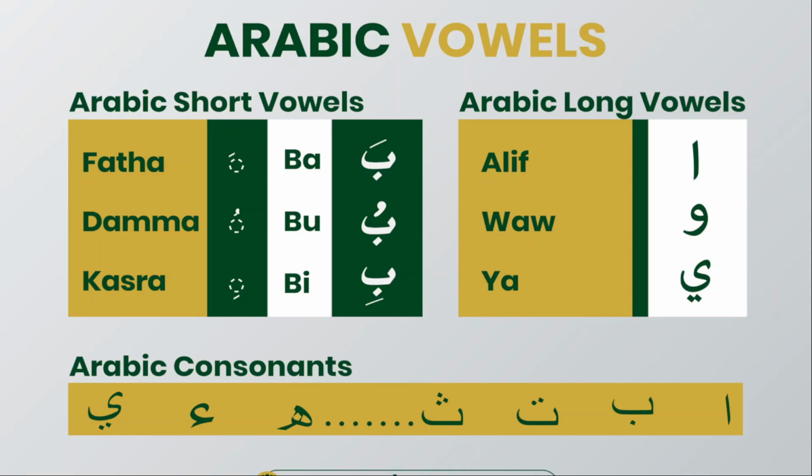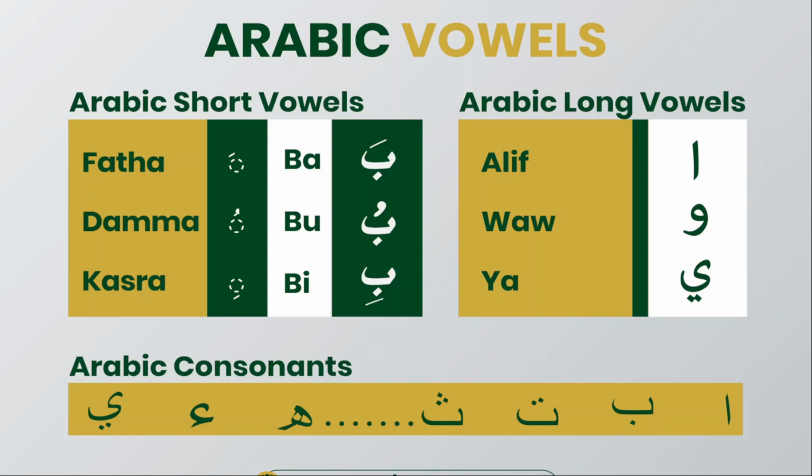Consonants are those Arabic alphabet which we cannot pronounce without the help of a vowel, without the help of the harakat, you can say. And non-consonants are the letters which we can pronounce independently. In Arabic, we have two types of vowels: short vowels and long vowels.